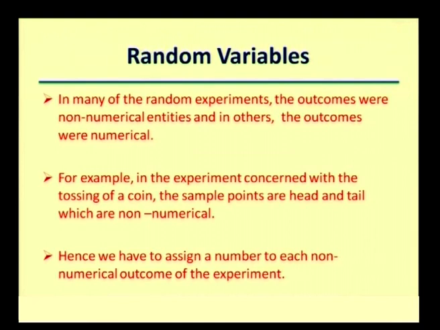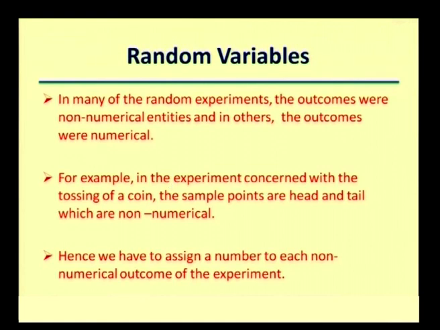Let me explain the random variable with an example, how a non-numerical quantity will be converted to a numerical quantity. For example, consider the experiment concerned with tossing of a coin.